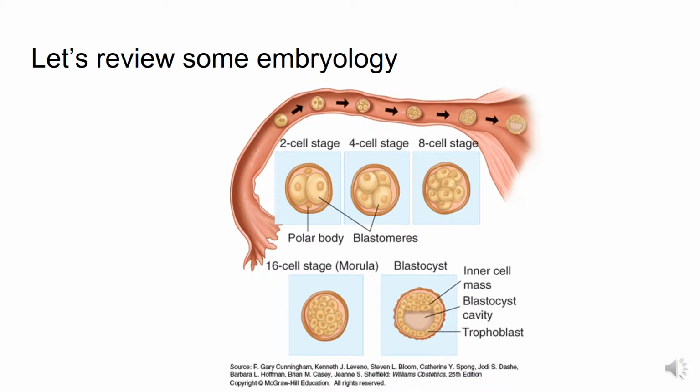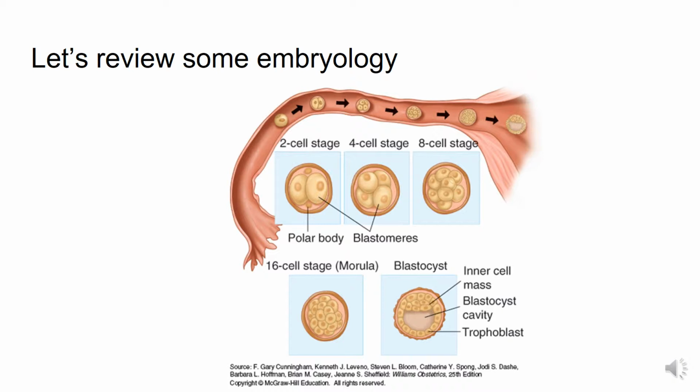All right, to review some very basic embryology, you start with, we all know this, the 2-cell stage, and you get cleavage to create 4 cells, and then you get cleavage again to create 8 cells, etc. The 16-cell stage is also known as the morula, and then that morula becomes a blastocyst.